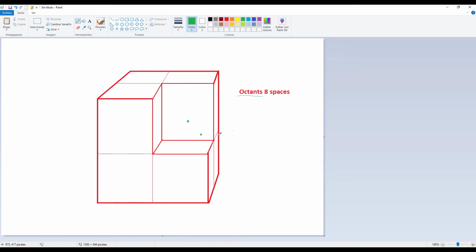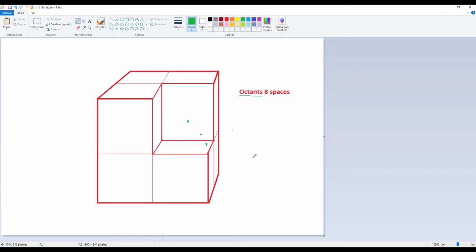If I draw another point, you can think it can be in that cube, or that cube, or that cube. So it's a little hard to know the real position of that point, because we are using a two-dimensional space to represent a three-dimensional space.